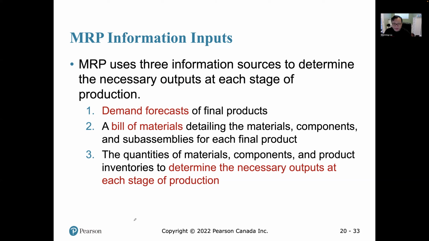And then they will determine their production. They don't just produce for the sake of production. They first forecast the demand, and then they will decide what materials, how many components, and the quantities of these materials and components, so that they can finish the production.